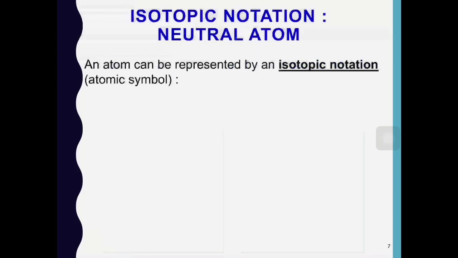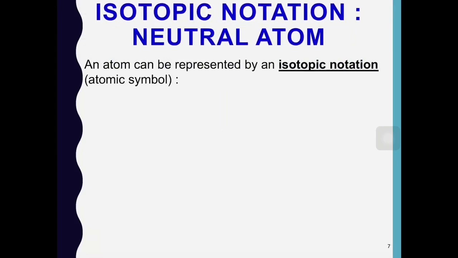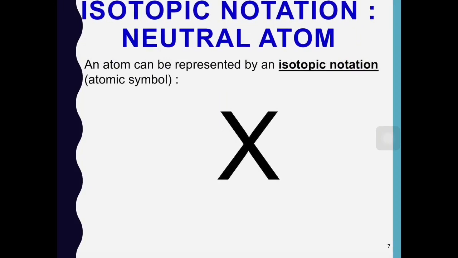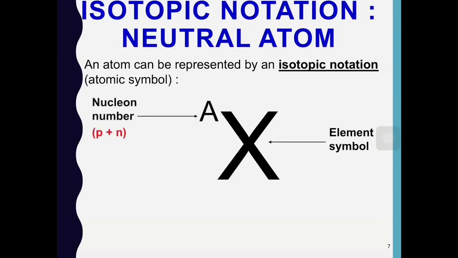Isotopic notation of neutral atom. Before you write isotopic notation, you should know the proton number and nucleon number of the element. For example, an element with symbol X. So this is the symbol X. On top left hand side, write the nucleon number, where the nucleon number is the total number of proton and neutron.